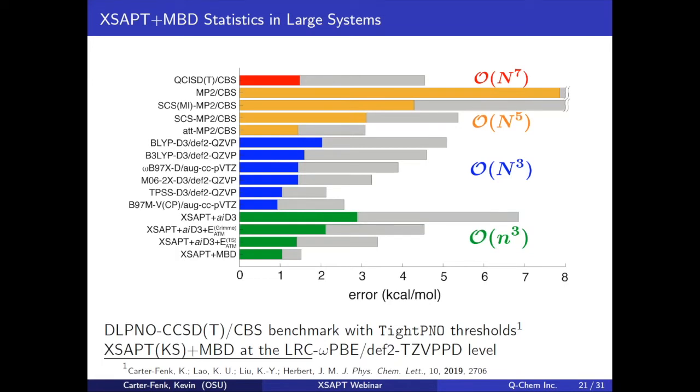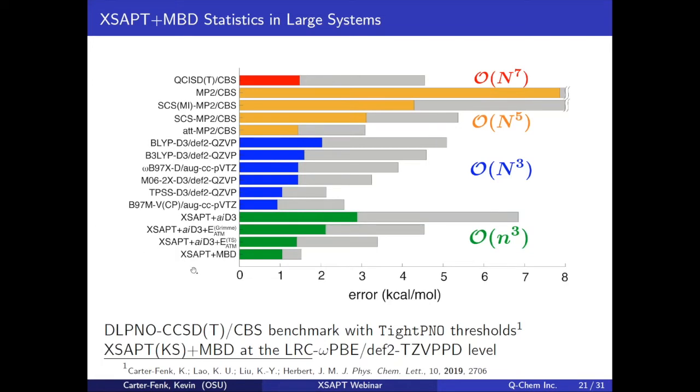So the density functionals that I'll highlight in blue here were chosen explicitly for their very good performance overall in the calculation of non-covalent interaction energies.